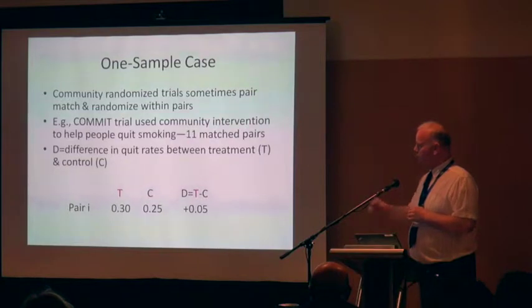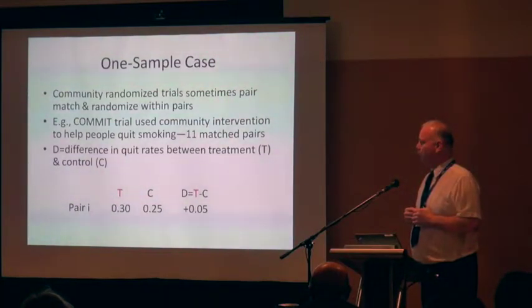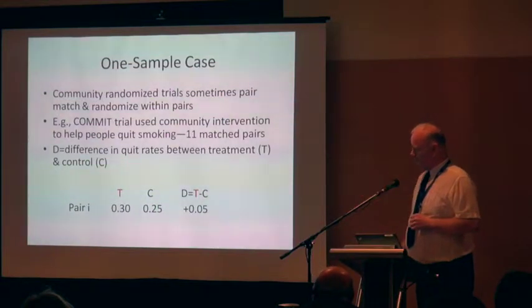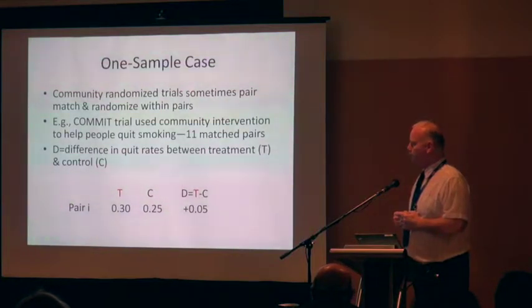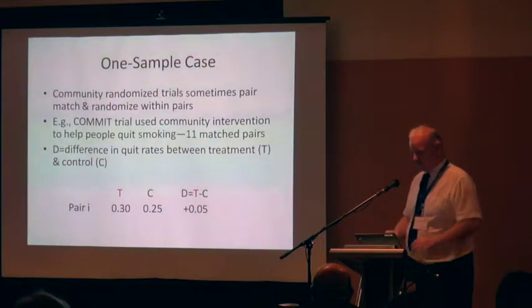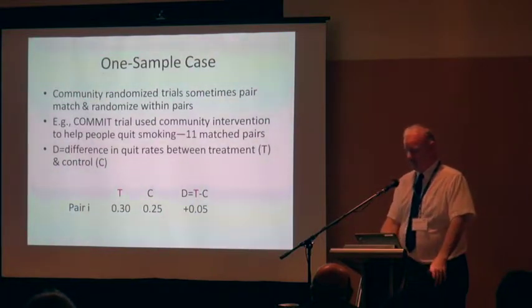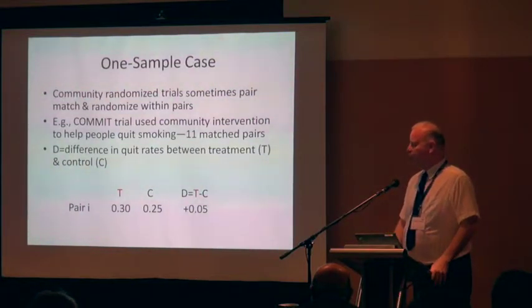And so if we look at just the difference in the quit rates between the treatment and control communities, here's a hypothetical pair where 30% of the treatment community was able to quit and 25% of the control community. So if you look at the difference, treatment minus control, it's 0.05.